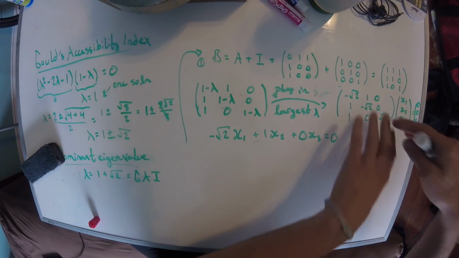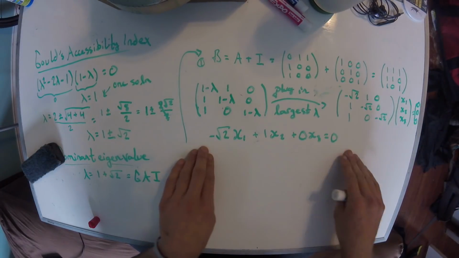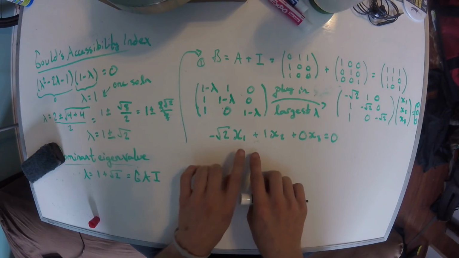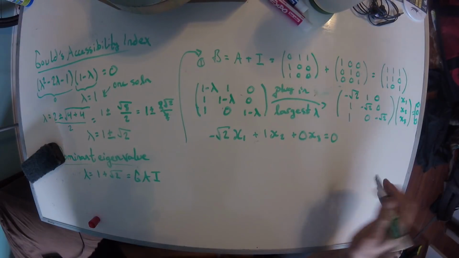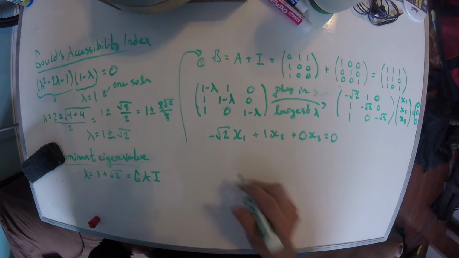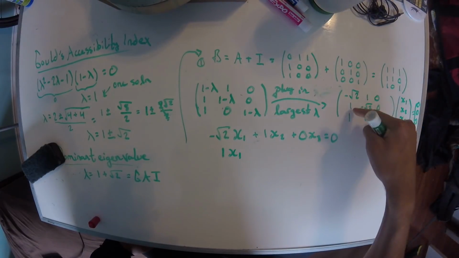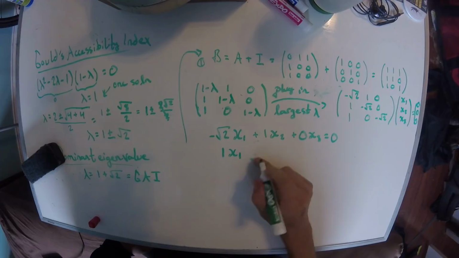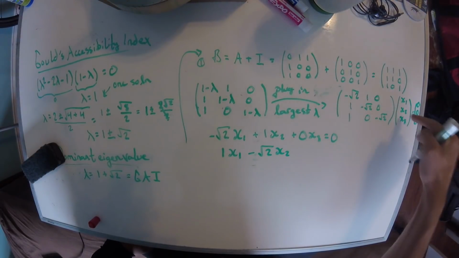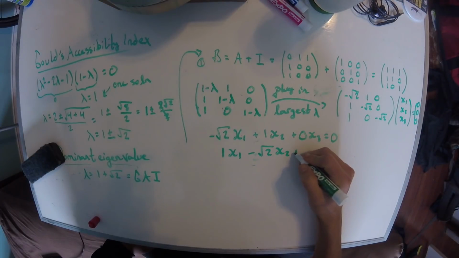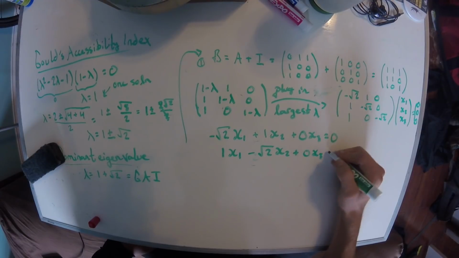That's one component of this matrix vector equation here. It's just this equation with these 3 variables, x1, x2, x3. And if I do that again with the next row, it's 1 x1, minus root 2 x2, plus 0 x3 equals 0.